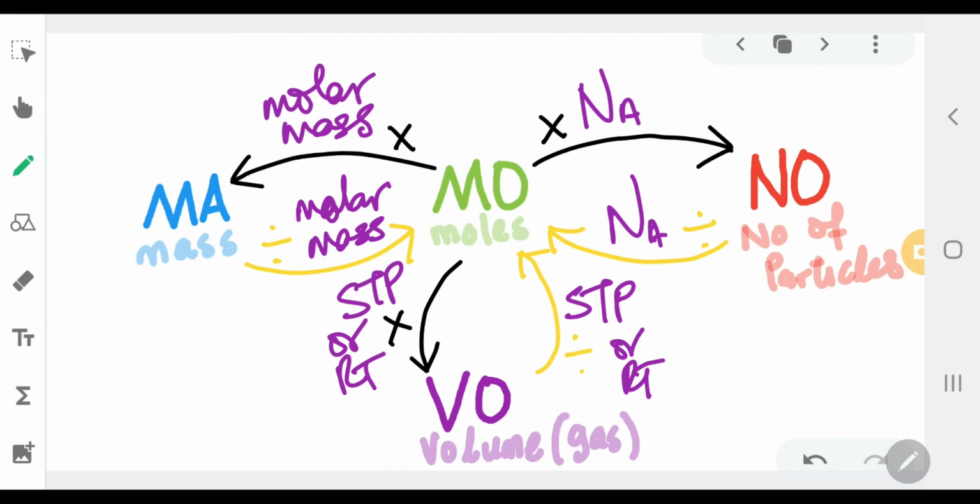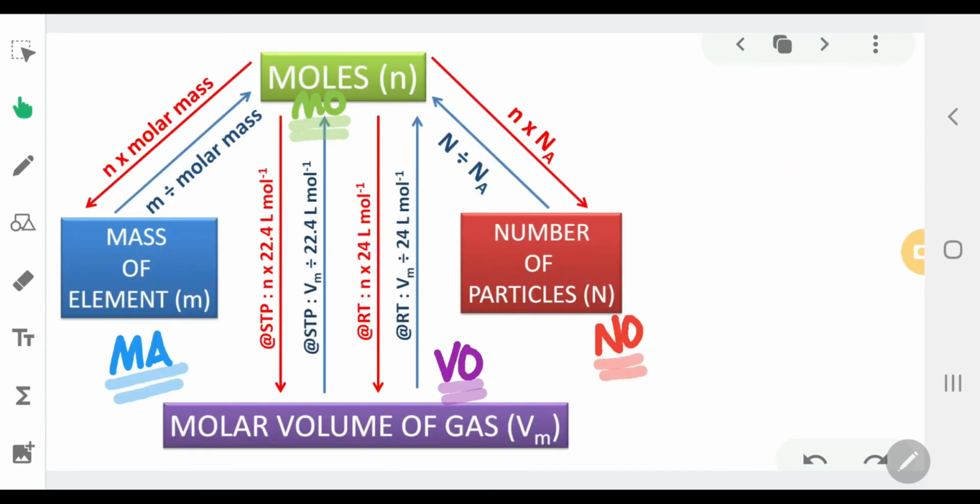This is basically the interrelationship between Ma, Mo, Vo, and No. This is the complete relationship diagram between the mass, mole, molar volume of gas, and number of particles.